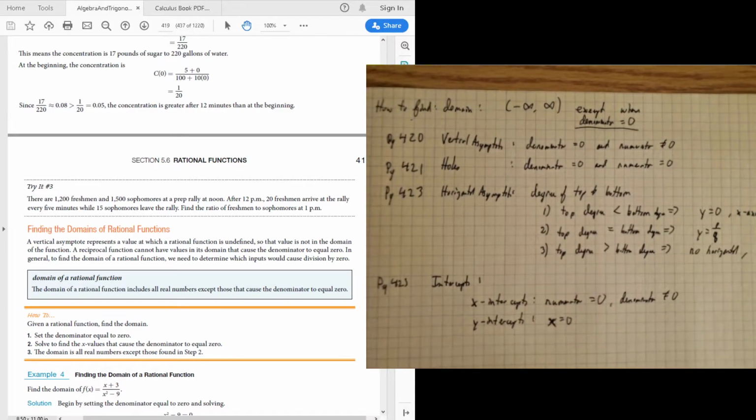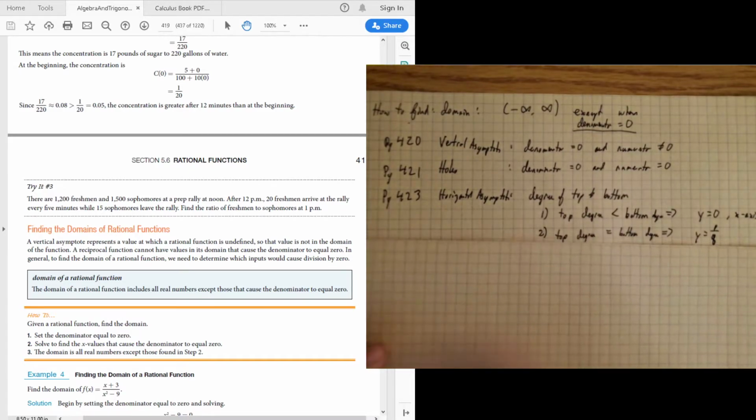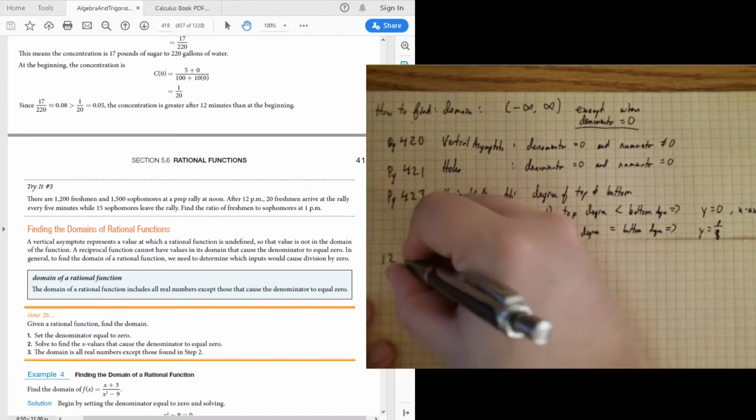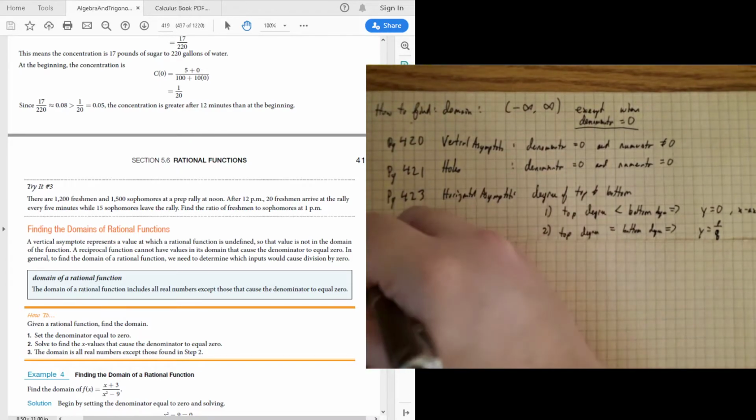At this point, I'm now immediately going to jump into some problems. Quite frankly, because these problems have so many parts to them and so many different things to find, it's best to get a lot of practice in. So let's take a look at number 12, number 16, and number 18 from your homework assignment.